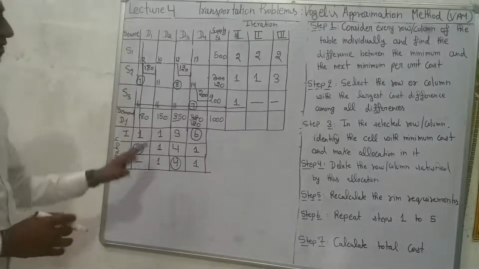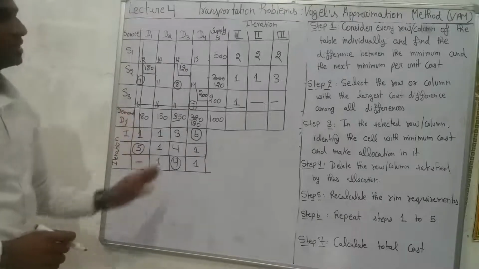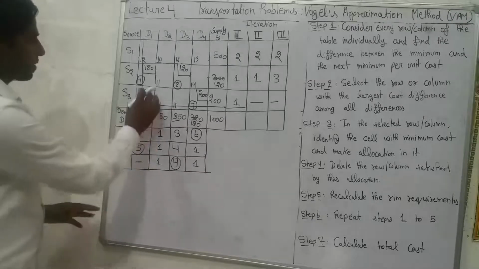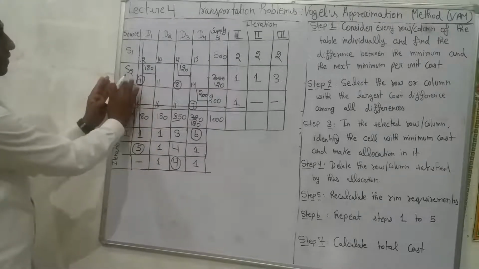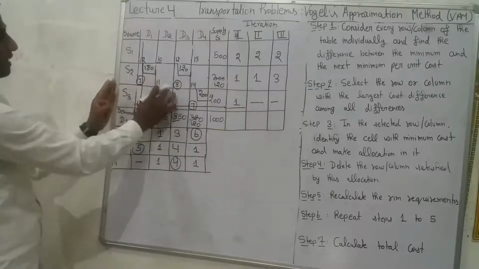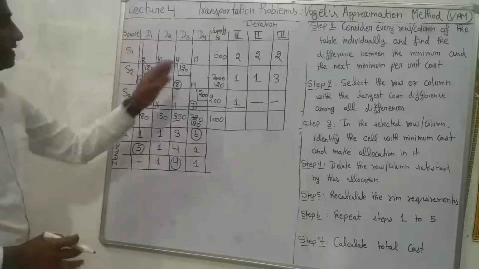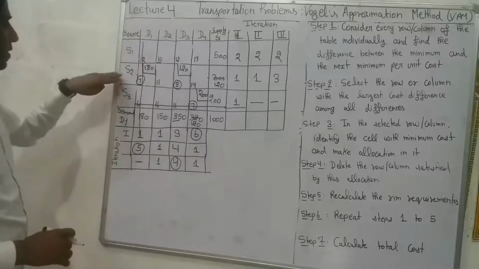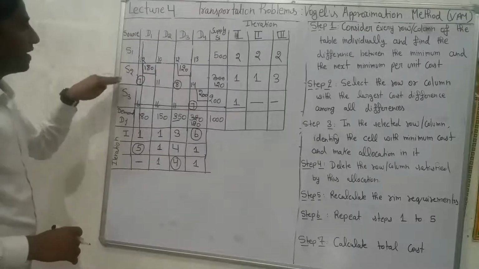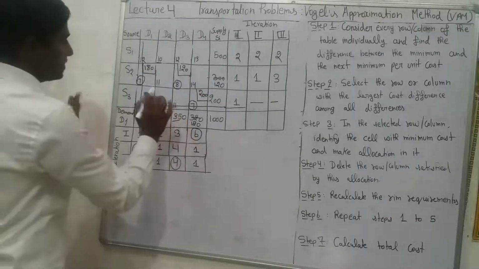After making this allocation, delete the row or column whose requirements are satisfied. Of source 2, the supply was 300 units and we have allocated 180 plus 120, or 300 units, to destination 1 and destination 3. So the supplying capacity of source 2 is completely exhausted, and we are going to eliminate this row as well.